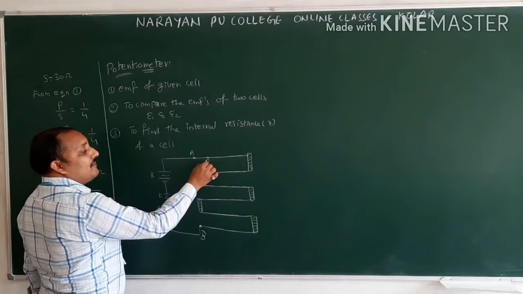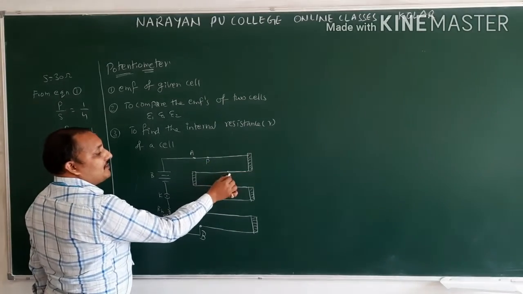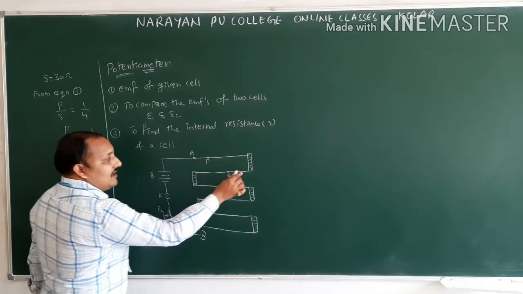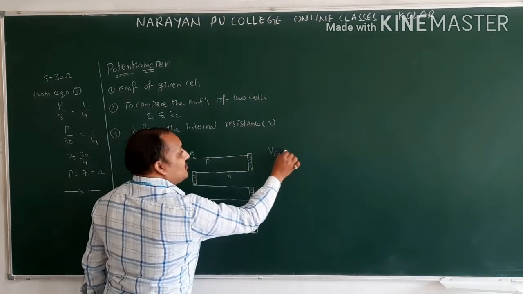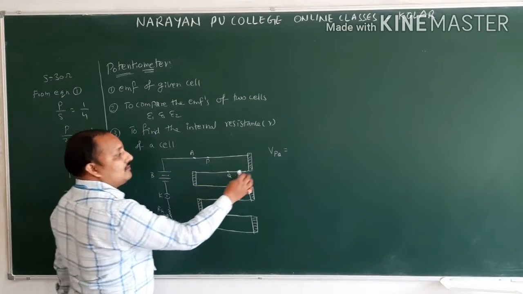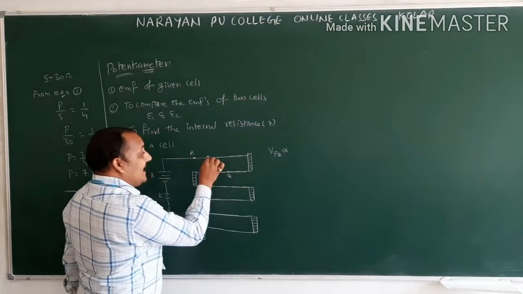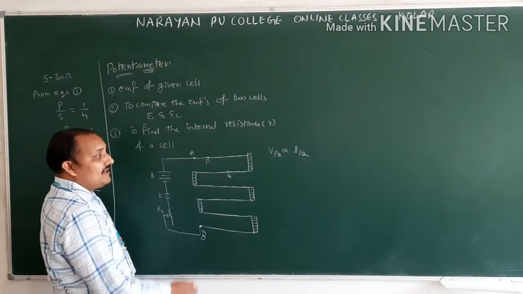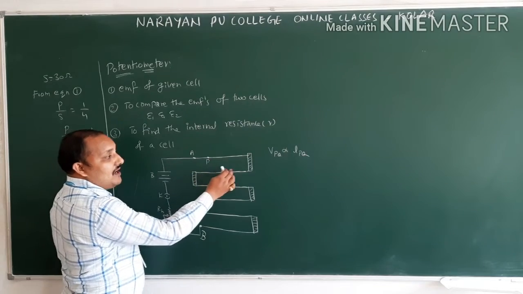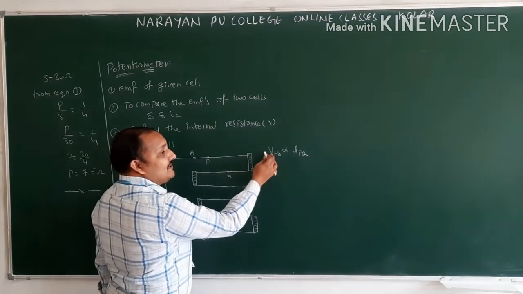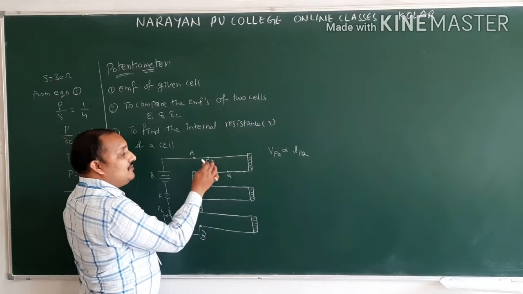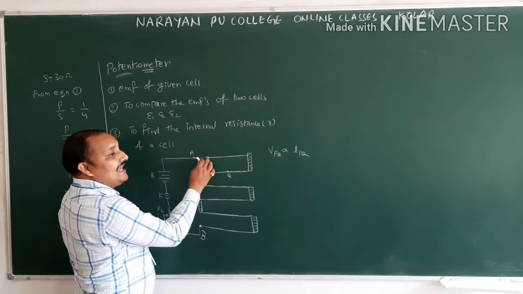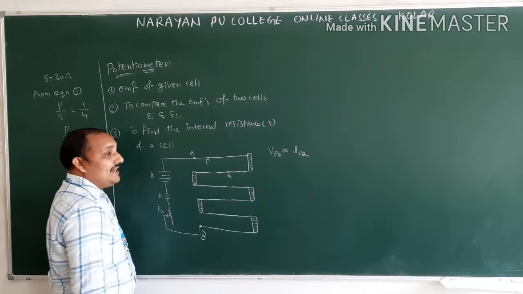If you have taken one point P and another point Q, the potential difference between these 2 points, VPQ, is directly proportional to the length of this potentiometer wire, meaning only from P to Q. Always, the potential difference between any 2 points of a uniform current carrying conductor is directly proportional to the length of that portion of the potentiometer wire.